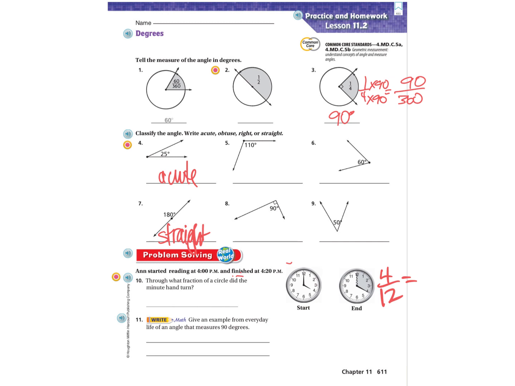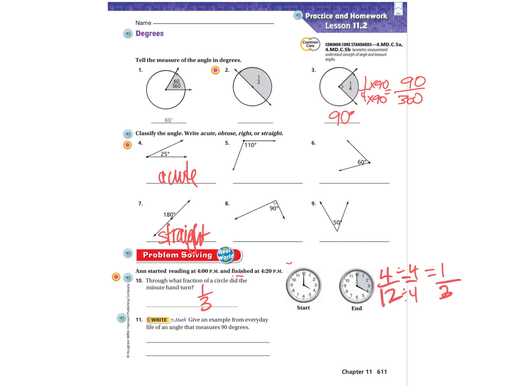Is there anything common in 4 and 12 that we can divide by? Is 4 common? Yeah. So 4 divided by 4 equals 1, and 12 divided by 4 equals 3. So now we can say it was 1/3 of a circle.